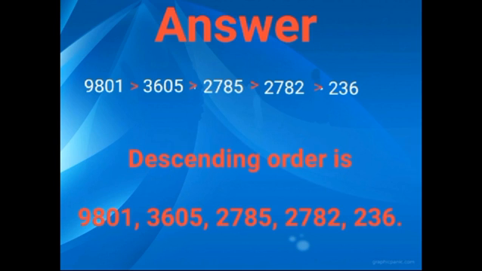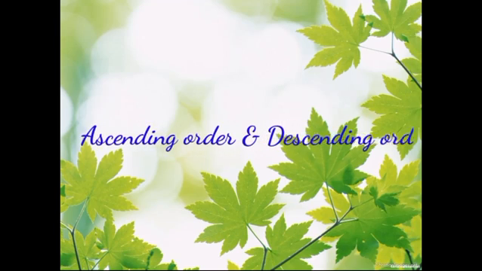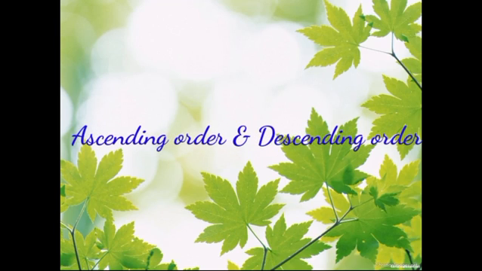Therefore, the descending order is 9801, 3605, 2785, 2782, 236. Dears, I hope the concept of ascending order and descending order is clear to all of you.